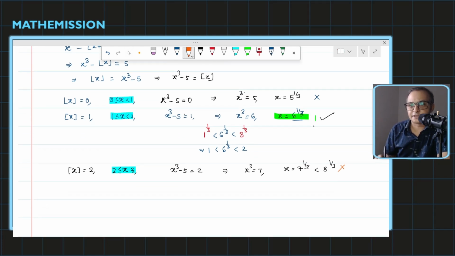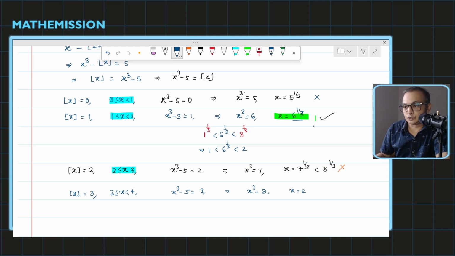One more time we will see, and we will identify the pattern, whether it is following or not. So let's say box x equals 3. It means we are looking for the number lying between 3 and 4. And so x cube minus 5 will be equal to 3. So I have x cube is equal to 8, and so x equals 2.